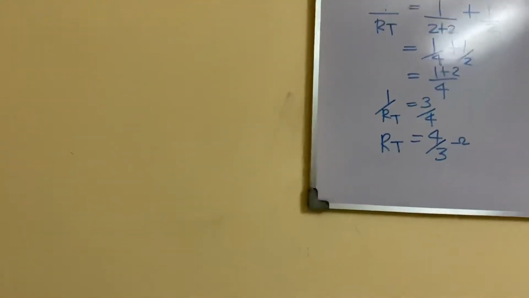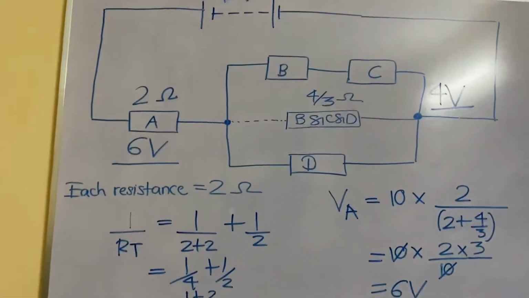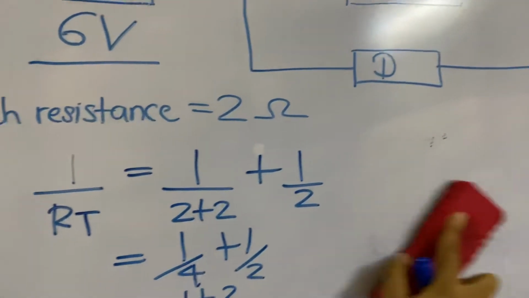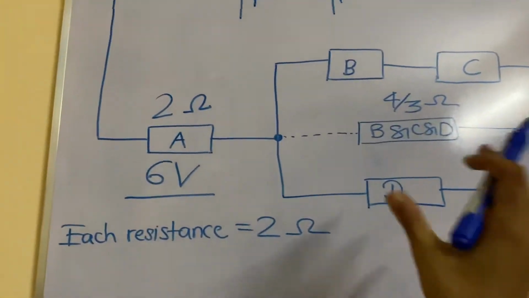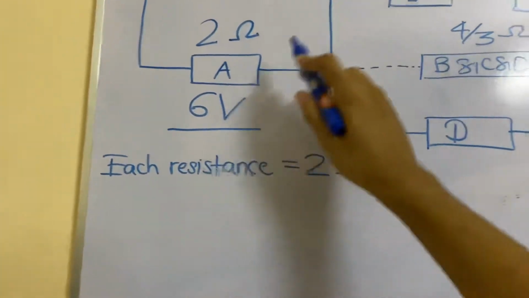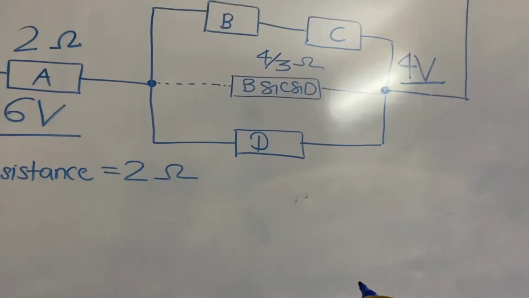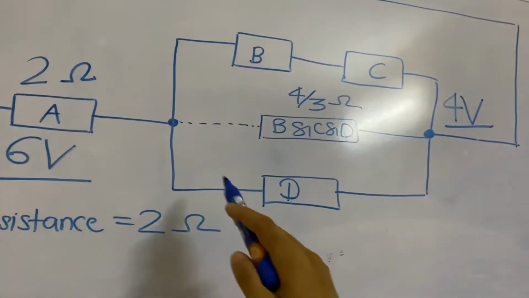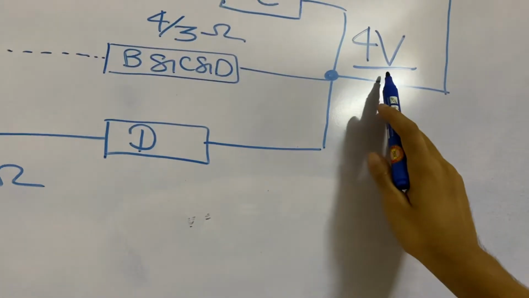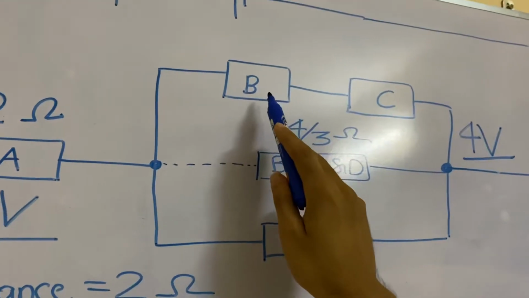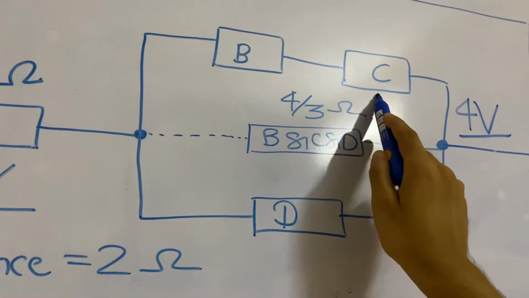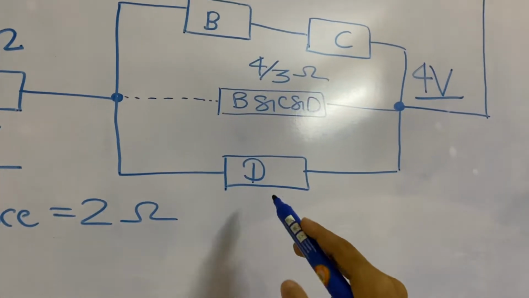So now what we are going to do is find the individual voltages, and using the individual voltages, we're going to find the individual power dissipation in each of the resistors. Now if you look, this whole circuit has a voltage of 4 volts, and in parallel the voltage is the same. That means the voltage across these two resistances is equal to the voltage across these two.